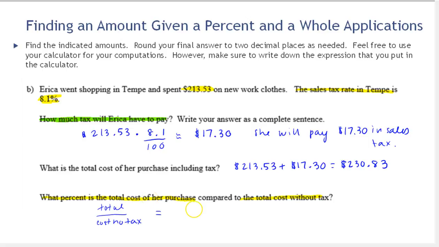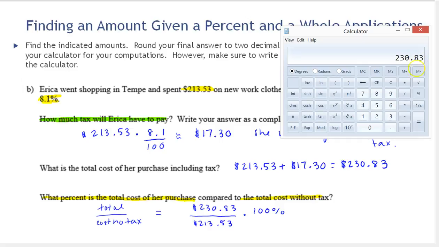So the total cost is $230.83. The cost without tax was $213.53. And to write this as a percent, we multiply by 100%. So I have 230.83 already in there. Let's divide by 213.53 and multiply by 100. So rounding to two decimal places, we have 108.1%.